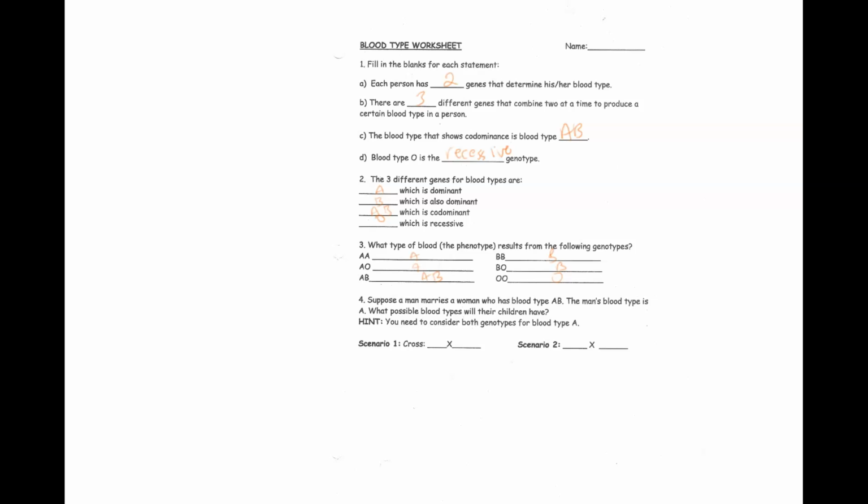We've got the woman who is AB, and in the first case we make him AA, and in the second scenario, we make him AO, because he is blood type A, we just don't know whether he's AA or AO. So we just do the Punnett squares here.